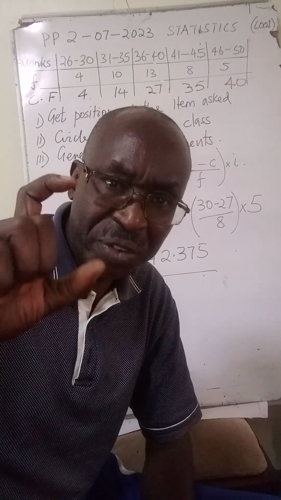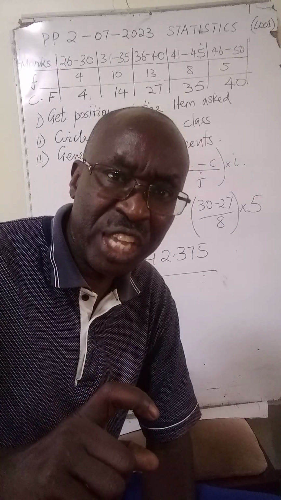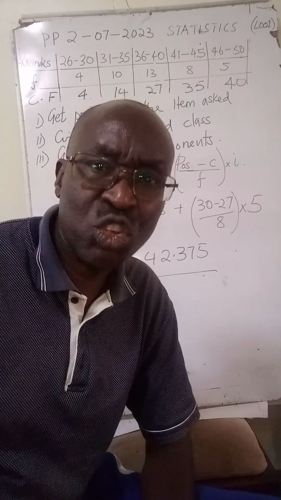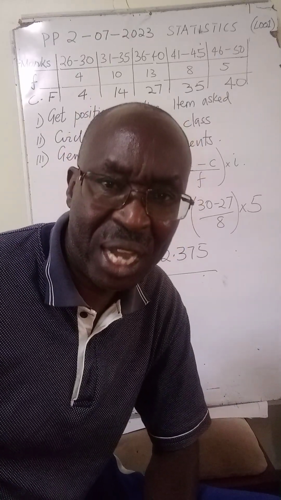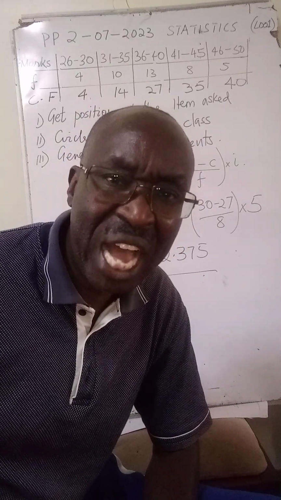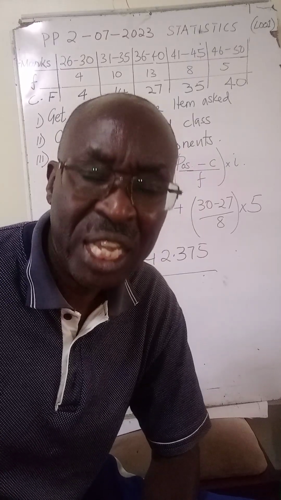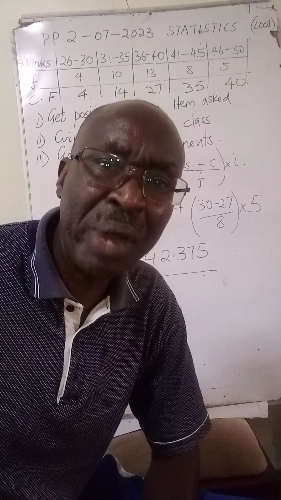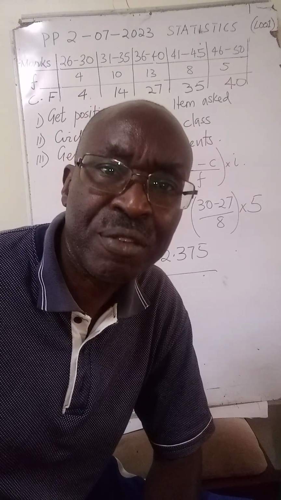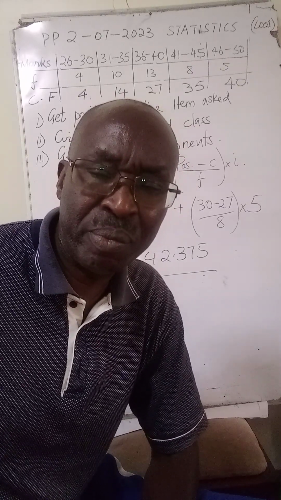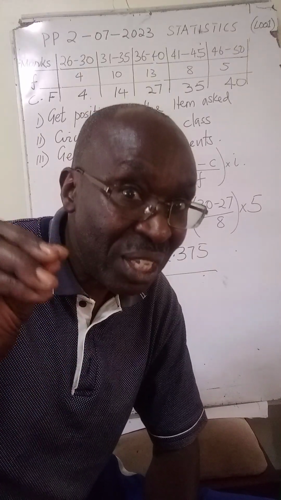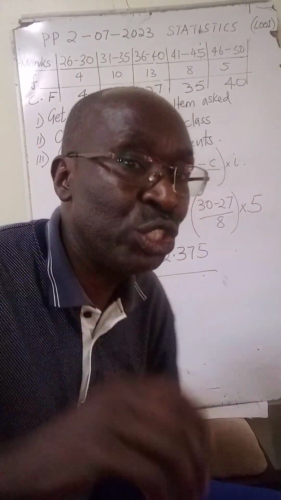Start with the first frequency in CF, then keep on adding the next figures of frequencies until you get the end. That end, in my case 40, in the mathematical tables is denoted by sigma F, and in some maths tables, capital N. So you still start learning the terminologies.